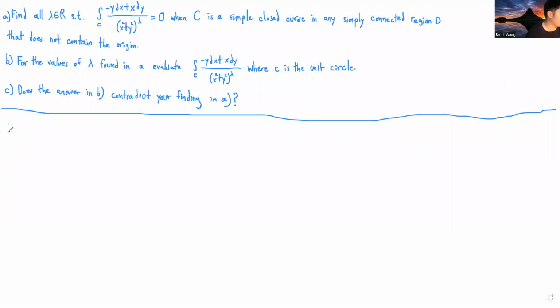All right, so part B asks us, for all the values we've obtained for part A for lambda, now we have to evaluate this along the unit circle. So applying this, the line integral over C of negative y dx plus x dy over x squared plus y squared to the lambda.